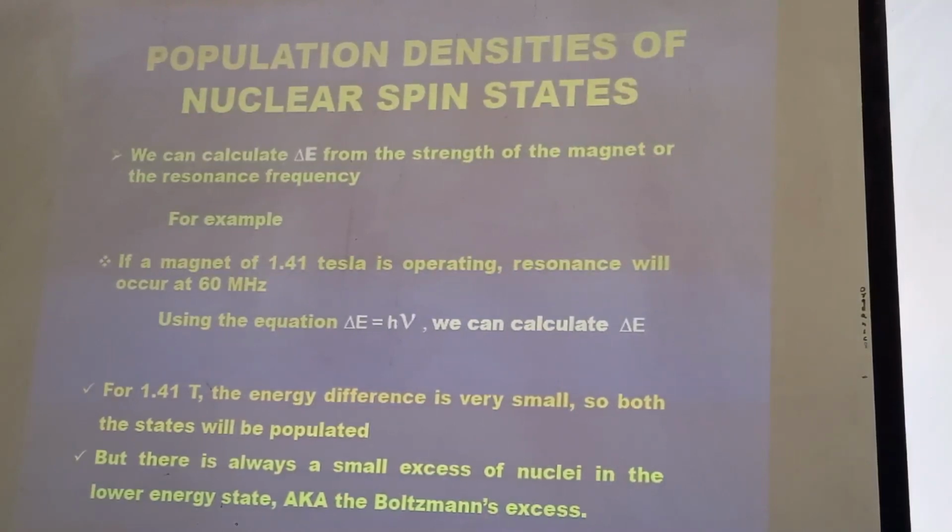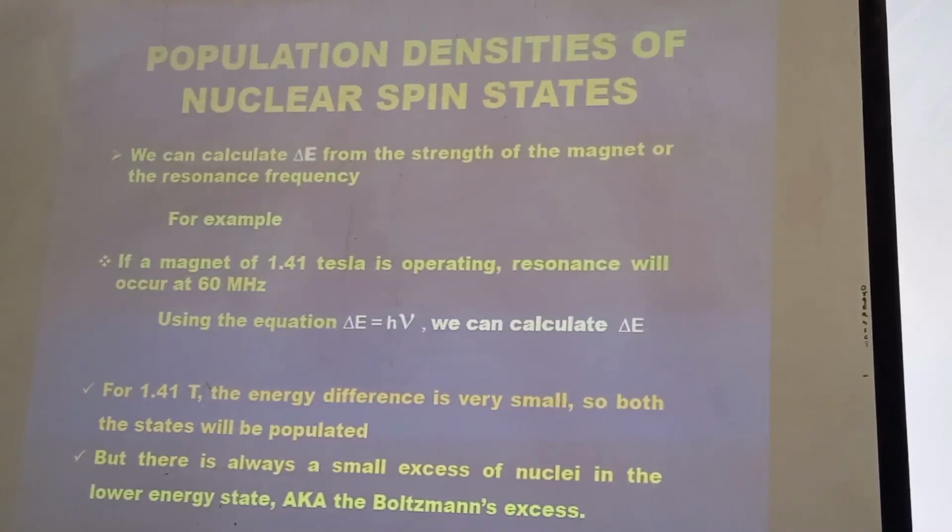So the energy of the radiation, whose frequency is 60 megahertz, is exactly equal to the energy gap between the spin states of the protons under the influence of a magnetic field that is operating at 1.41 Tesla.